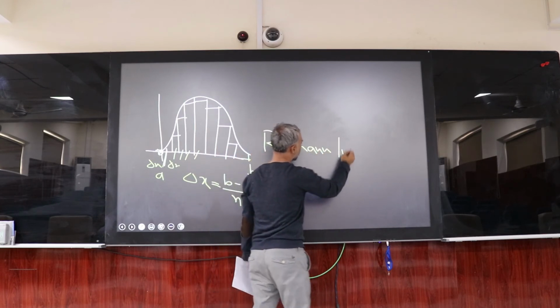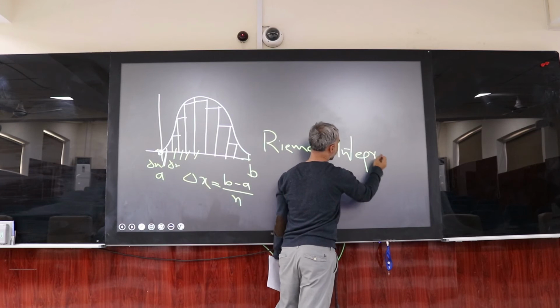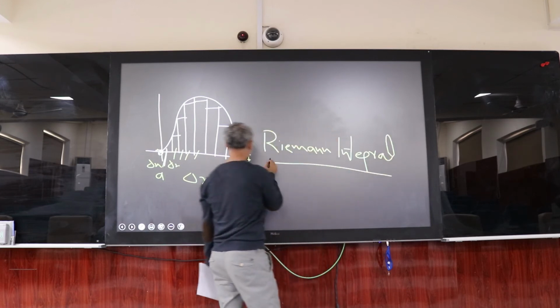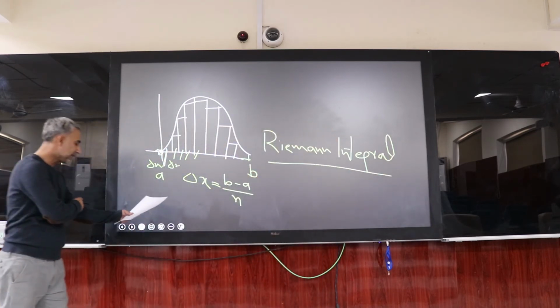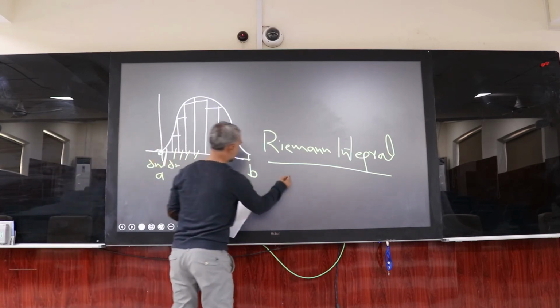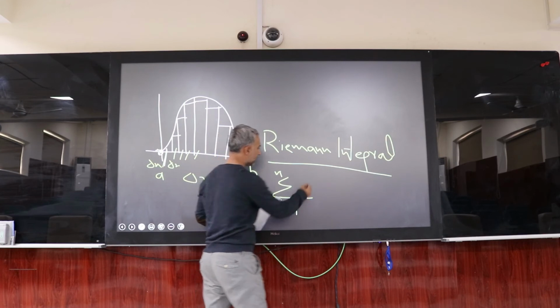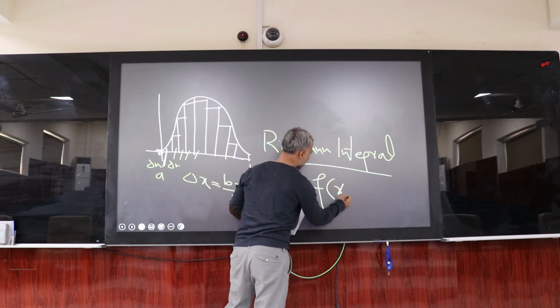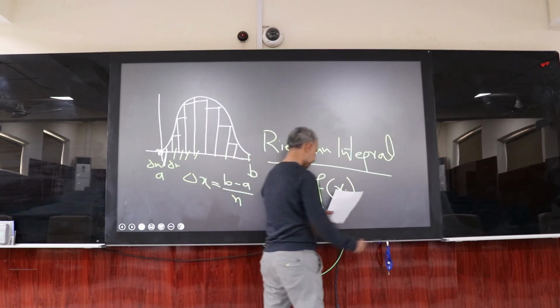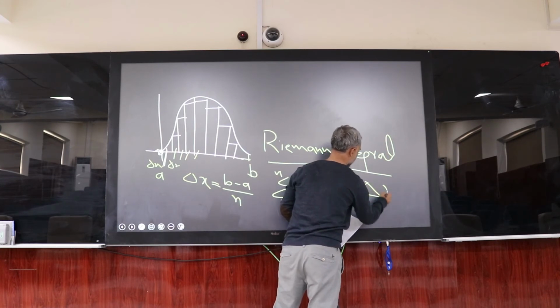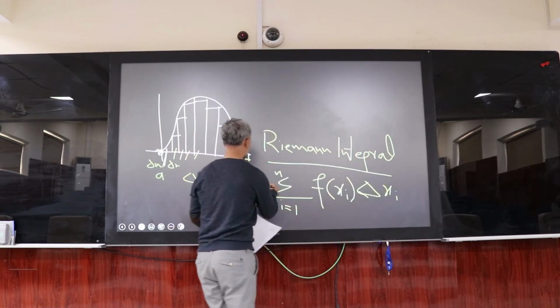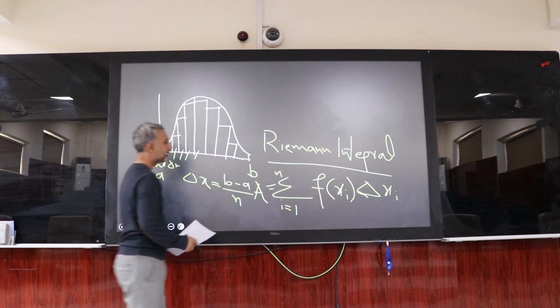Riemann integral, area under the curve. This Riemann integral concept is the same as I explained a moment ago. Let me follow this for getting the area.